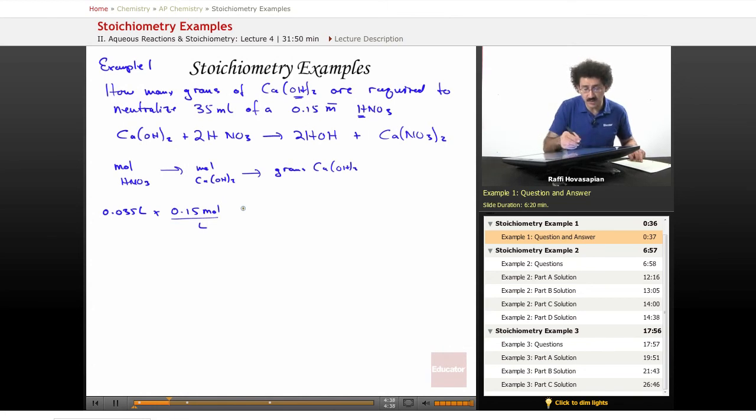You're welcome to do multiple conversions right on one line. I prefer to do it one at a time, again, simply because I like to see the chemistry at each step. It's a personal choice. I'll let you handle it as you please. So when I do this one, it tells me that I get 0.00525 moles of HNO3.